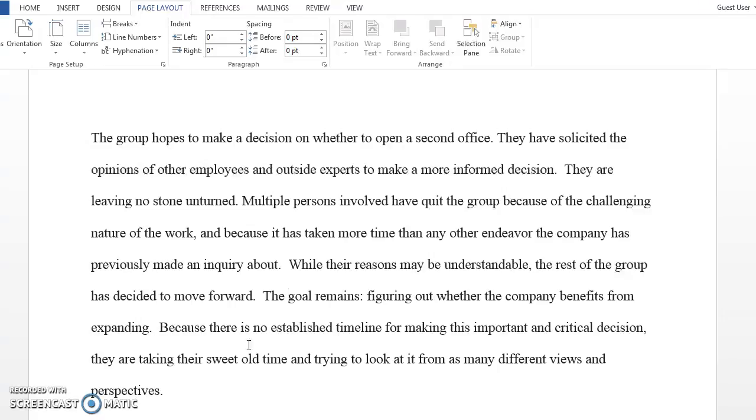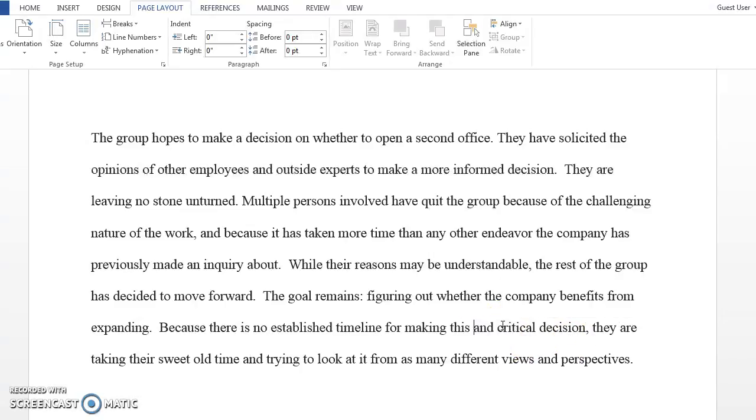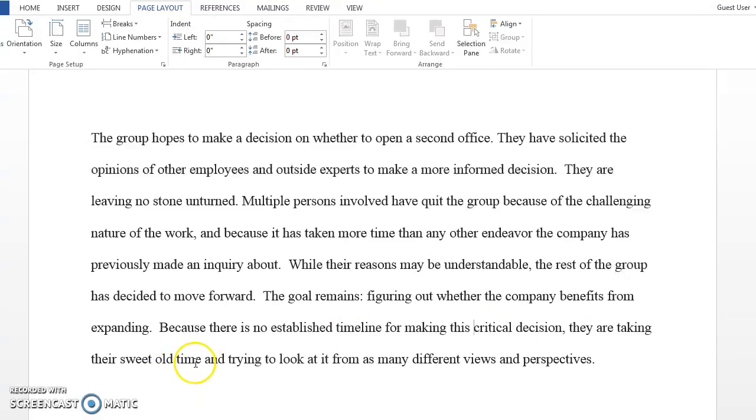Last sentence. Because there's no established timeline for making this important and critical decision, they are taking their sweet old time and trying to look at it from as many different views and perspectives. Important, critical. One has to go. I like critical. Sweet old time. That sounds like you're talking to your best friend. Let's keep it more formal.